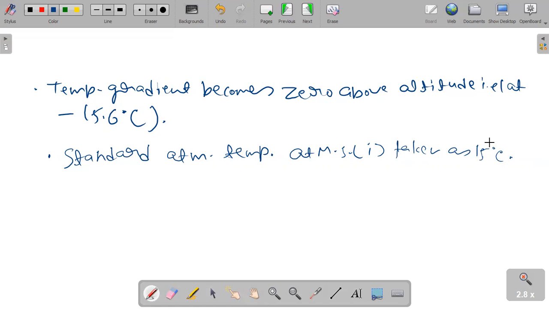So this is about the correction for temperature recommended by ICAO, and this is the standard temperature at mean sea level.